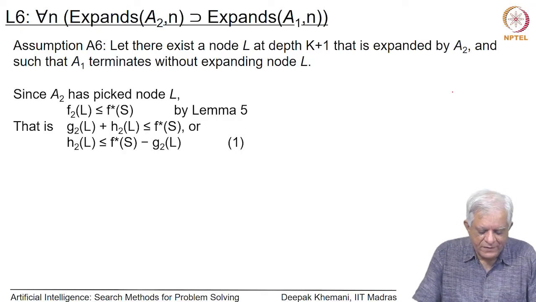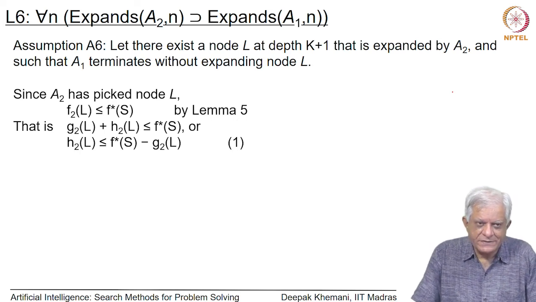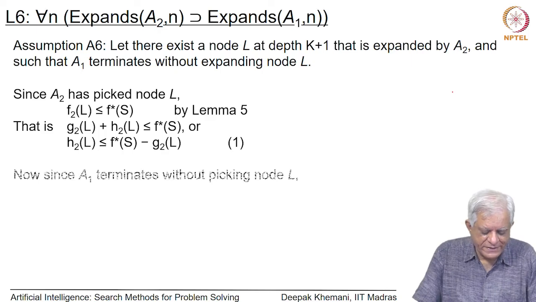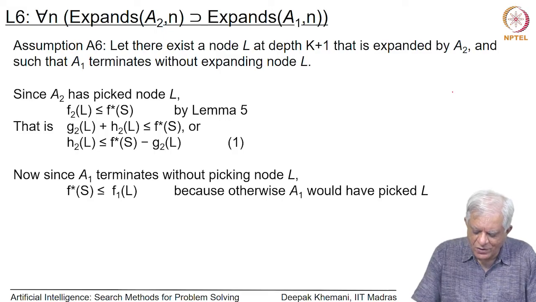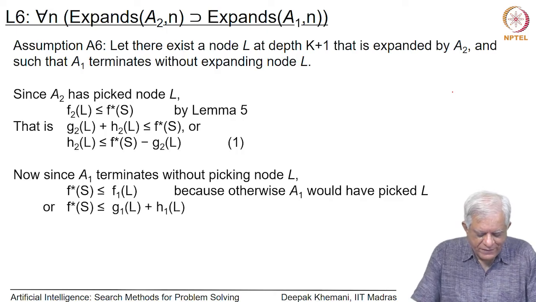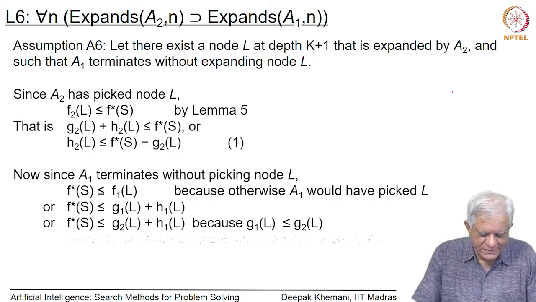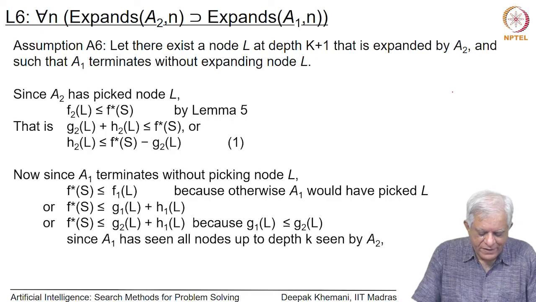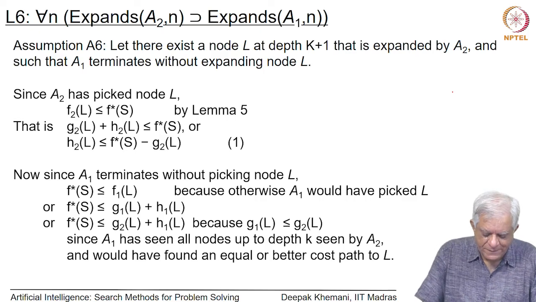Now, we have said that the assumption is that A2 has picked this node L, but A1 terminates without picking node L, which means A1 has not picked node L. If it has not picked node L, then f star of S must be less than or equal to f1 of L. Remember, A1 is using the heuristic function h1.